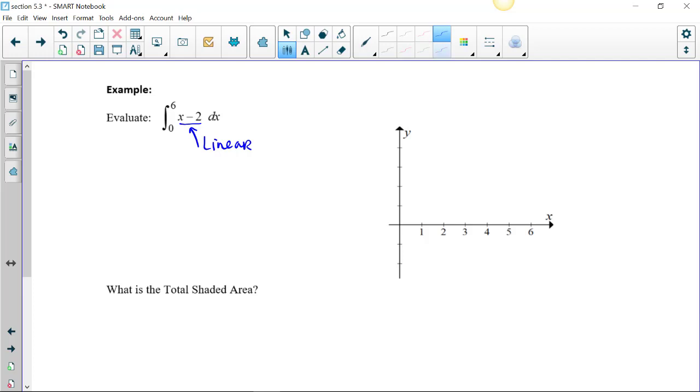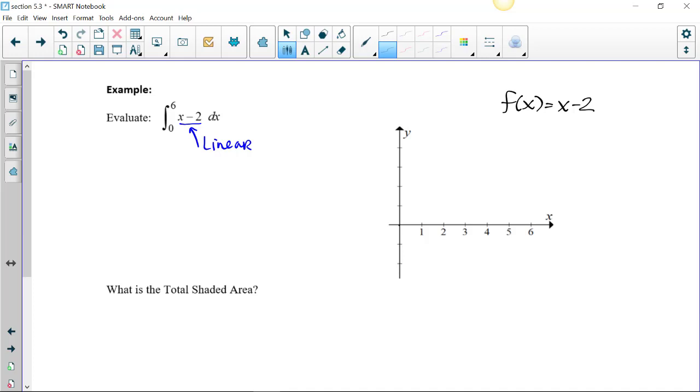So let's graph that function. If I'm going to graph f of x equals x minus 2 on the interval from 0 to 6, okay? And we're not even going to talk about rectangles because we don't need those.